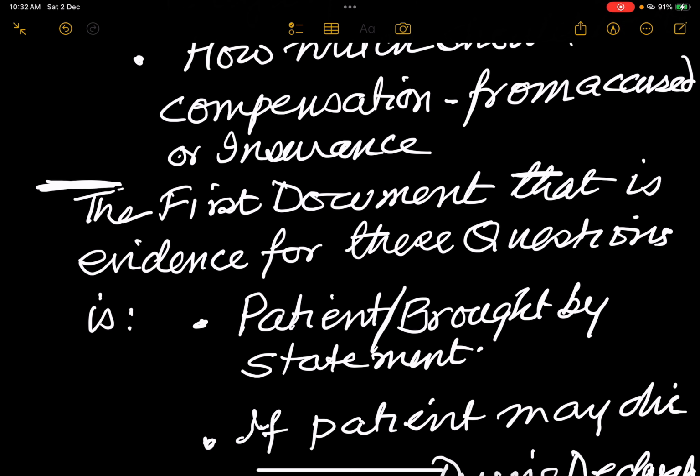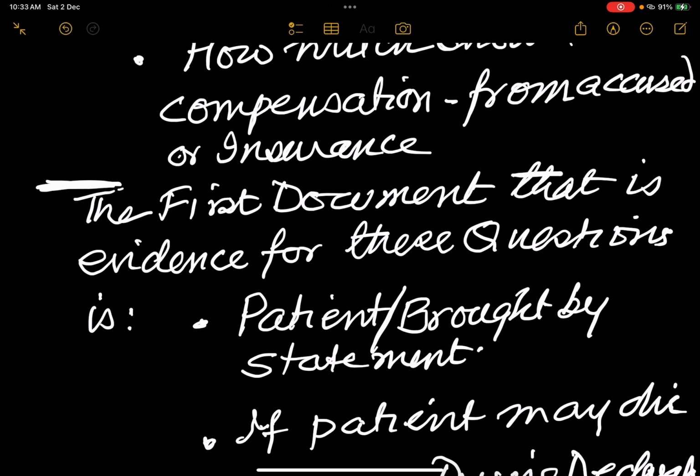So what are the documents that help the court answer these questions? The first is the statement of the patient or the person who brings the patient, that means the brought-by statement. Date and time should be recorded and the statement should be accurate. The first receiving doctor usually records this statement.